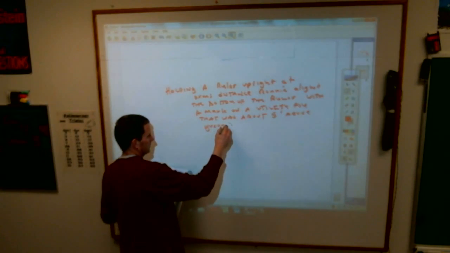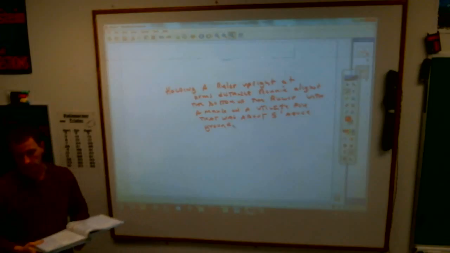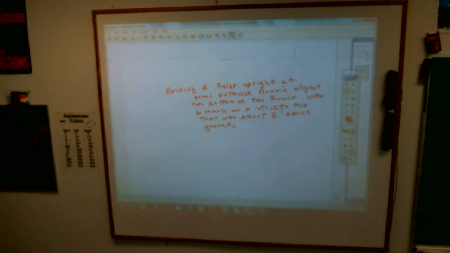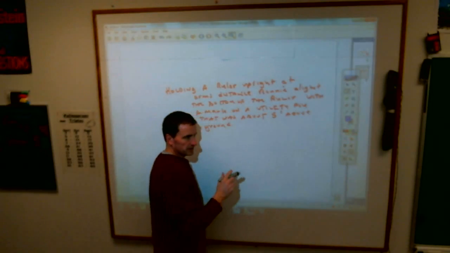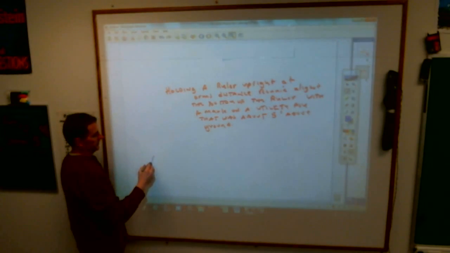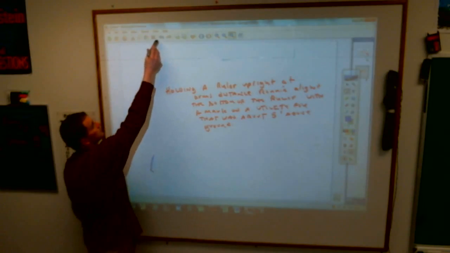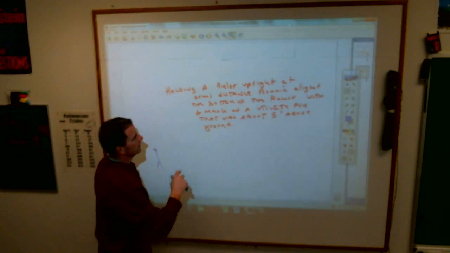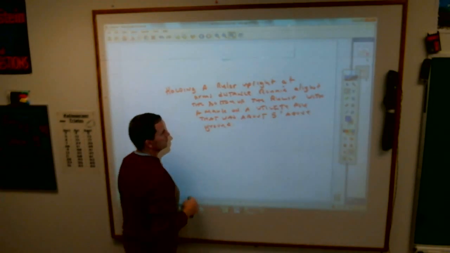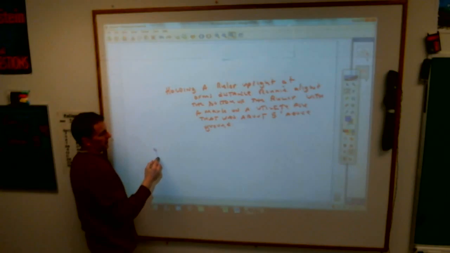Now I should stop there, just so you can see the picture. And again, a lot of this doesn't make sense until you actually try to sketch it out. Even then, sometimes it doesn't make sense. So here's your little Ronnie. What is Ronnie doing? He has the bottom of a ruler at arm's length. He sticks his arm out.